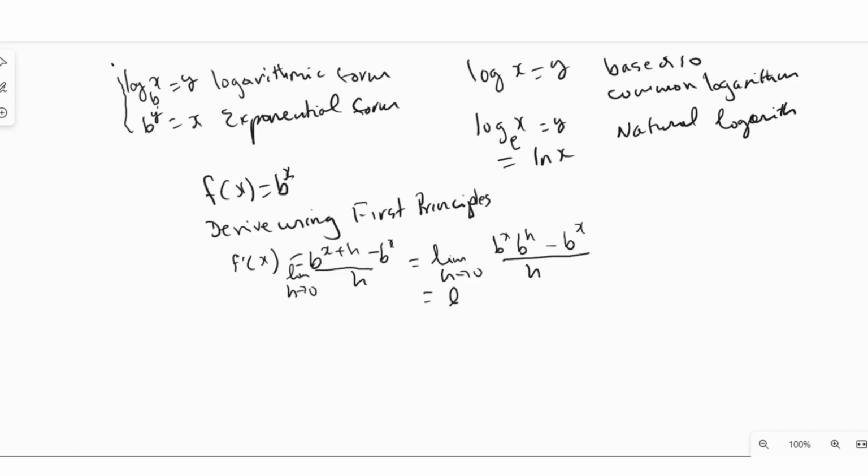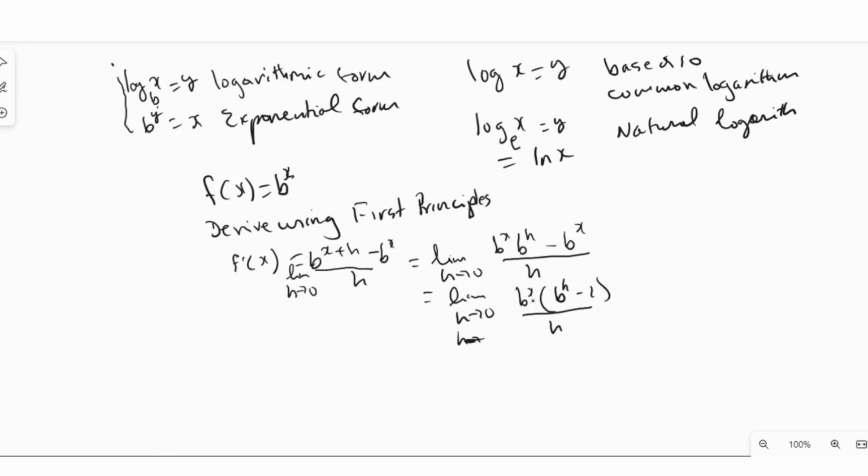Then, limit as h approaches 0, I take b to the power x as GCF outside, b to the power h minus 1 over h as h approaches 0. So now we'd like to see b to the power h minus 1.